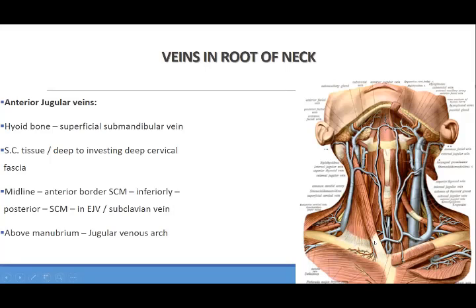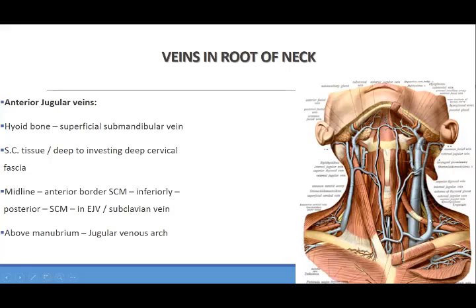This is the sternomastoid in the lower part of the neck. The anterior jugular vein runs posterior to the sternomastoid. This anterior jugular vein then ends in the external jugular vein over here.